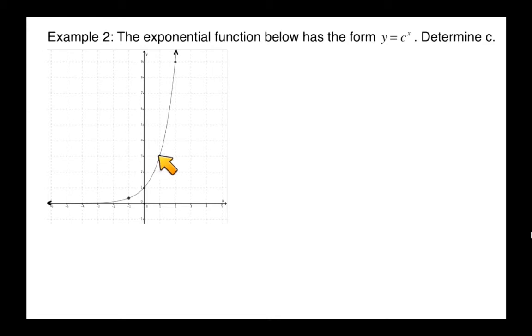So I know it's a little bit small, but I'll read that off for you. It's y equals 3. So that point (1, 3) means when x is 1, y is 3. So this gives away what C is equal to. C is equal to 3. And so the equation for this graph is y equals 3 to the x.